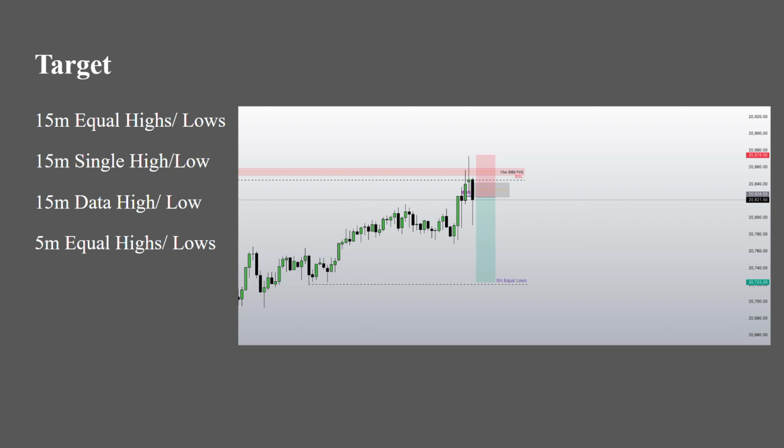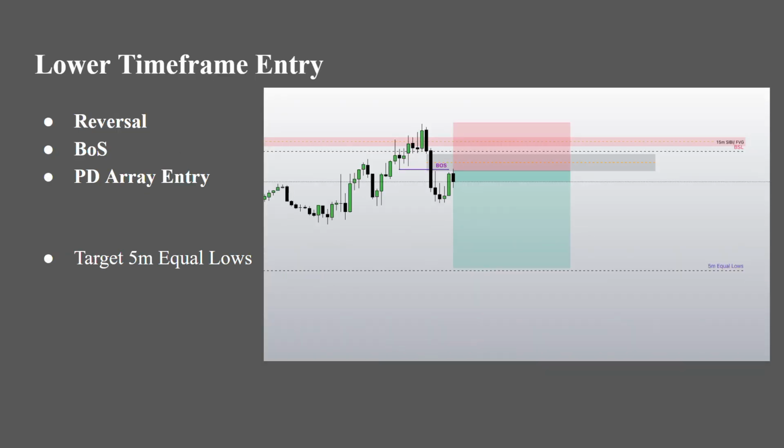You wait for the reversal. You head to the lower time frame. Price came back below the buy side liquidity it was sweeping. You can see on the 15-minute time frame, it respected that bearish fair value gap. It broke structure and formed a fair value gap as well. You wait for price to retest that fair value gap before entering.